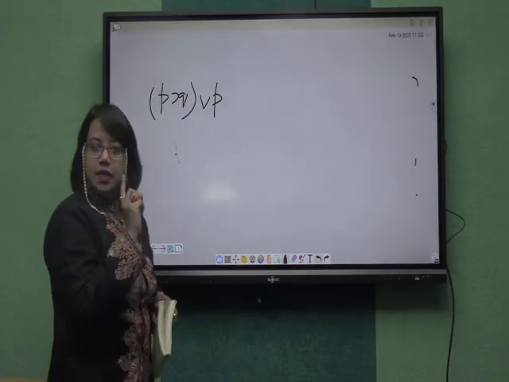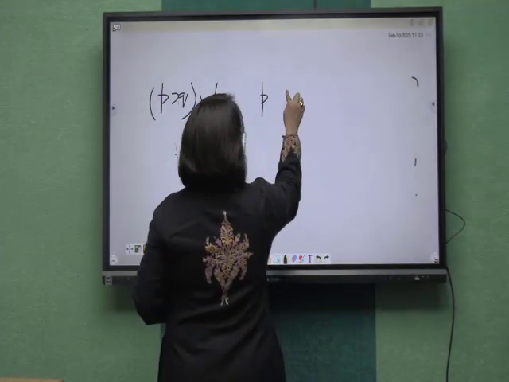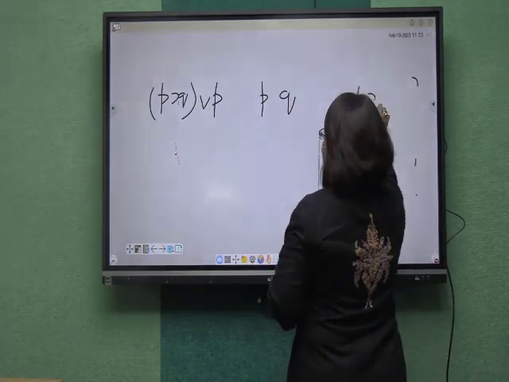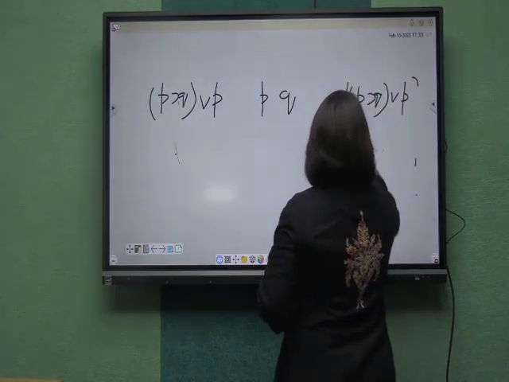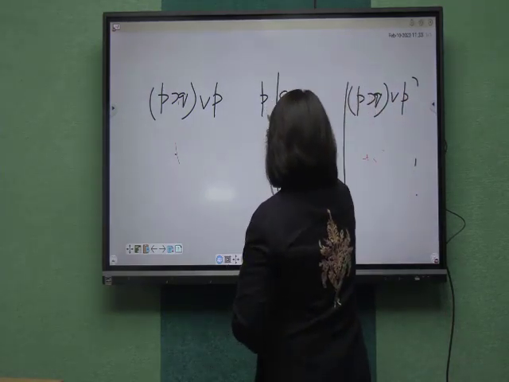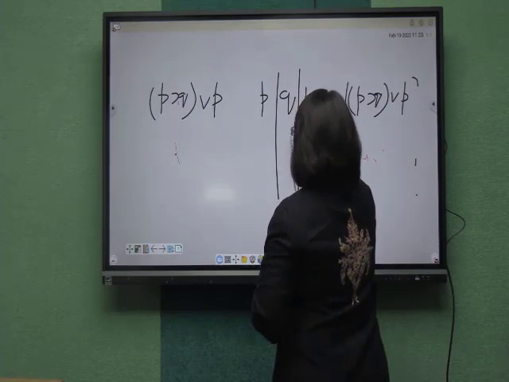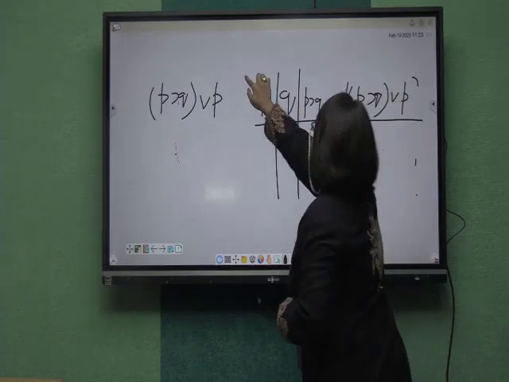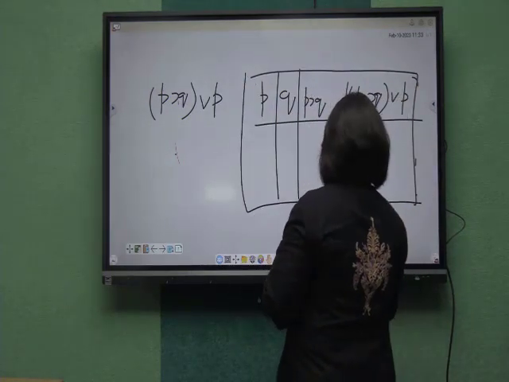That's the first step. So here we have 2 variables, P and Q. And of course the main column is going to be P implies Q, wedge P. Okay, so we have P, Q, P implies Q, and the main column P implies Q, wedge P. So this is the table.